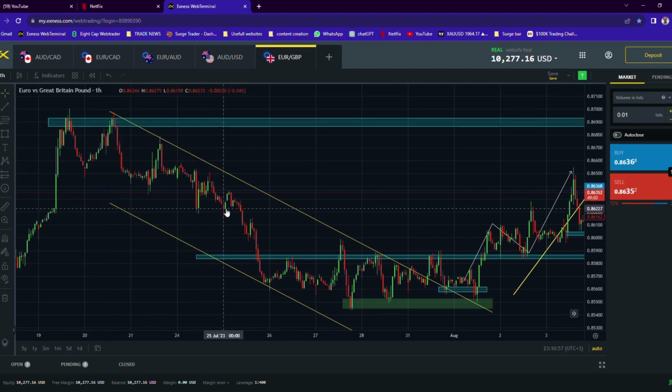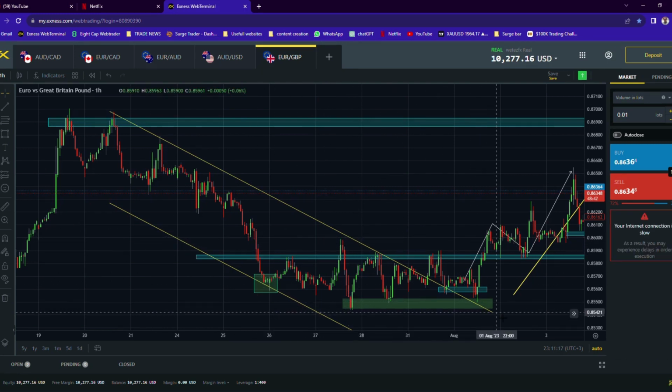There was some heavy bearish momentum down there, and it touched this price point right here, and then it came back to the trend line. So it created a parallel trend to the downside.